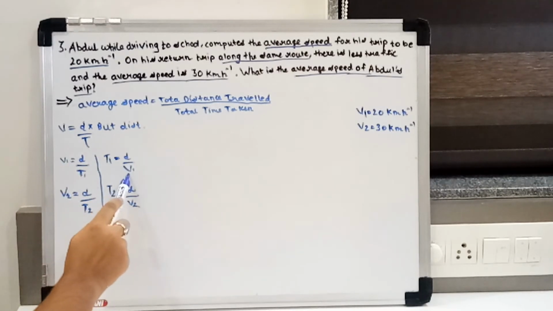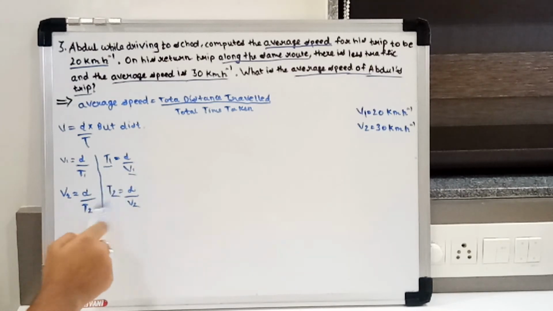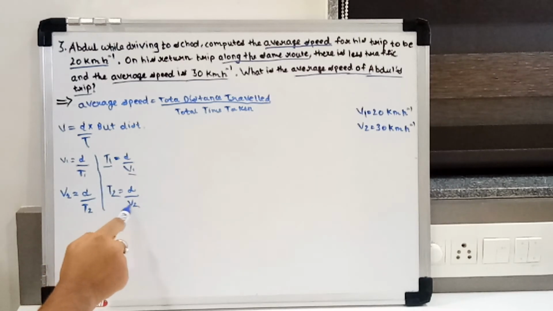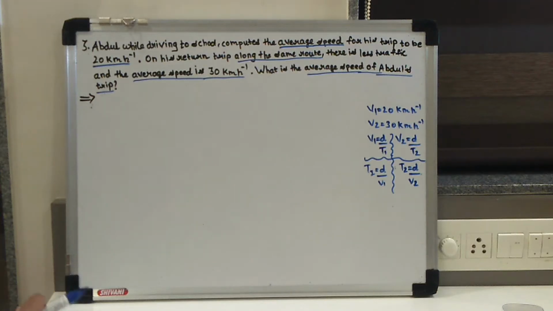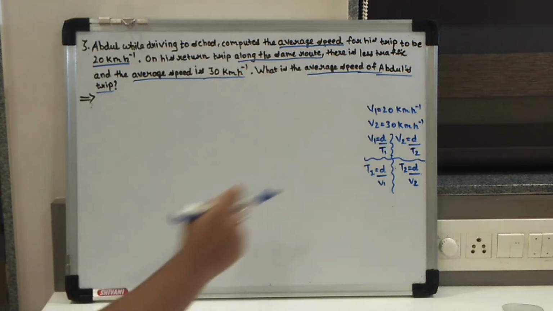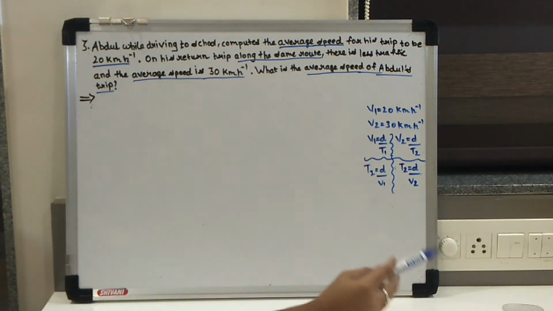Velocity goes down and t comes up. Same for t2, which is equal to d upon v2. To solve this question, you should know these things. So pause the video and note this down.